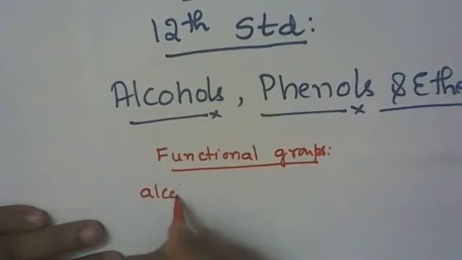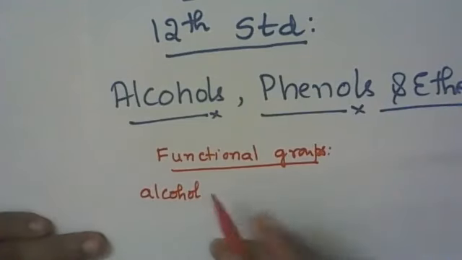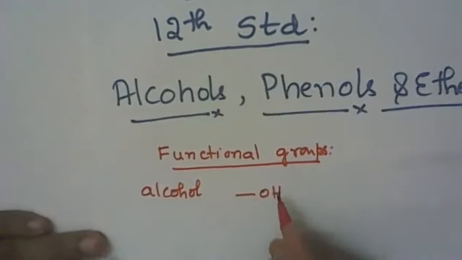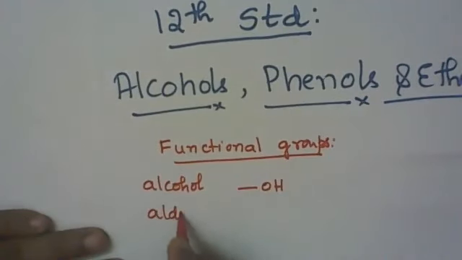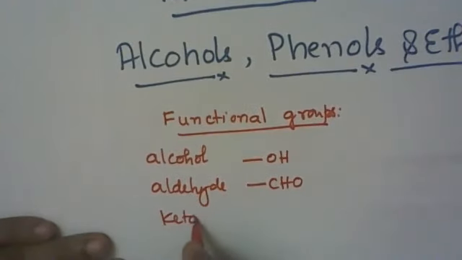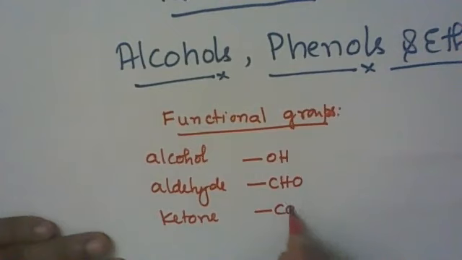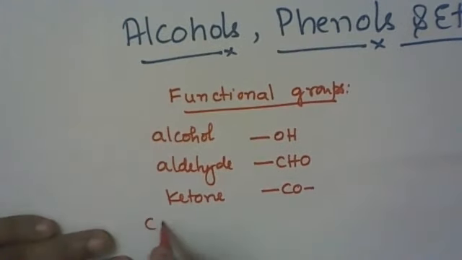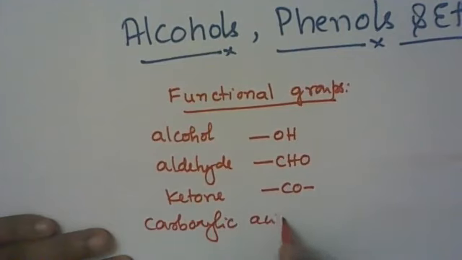First one is the alcohol. What is the functional group of alcohol? OH. Aldehyde is CHO, right? Ketones, CO. Carboxylic acid, COOH.